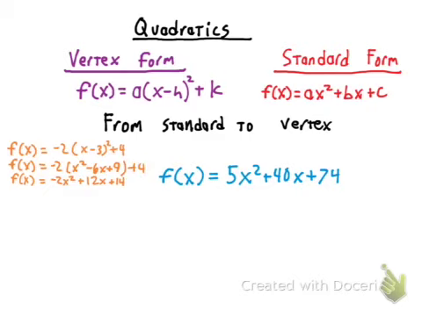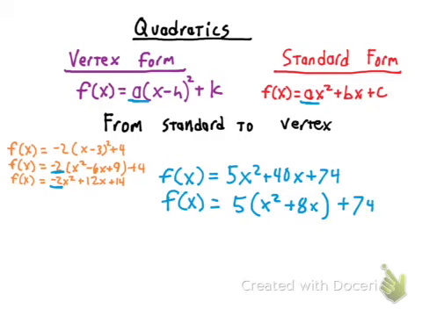The first thing I notice about my two forms is that a is the same in this form as it is in this form. So we know we're going to have a 5 in front here. What I'm going to do is pull the 5 out of just the first two terms, so the x squared term and the 40x term.